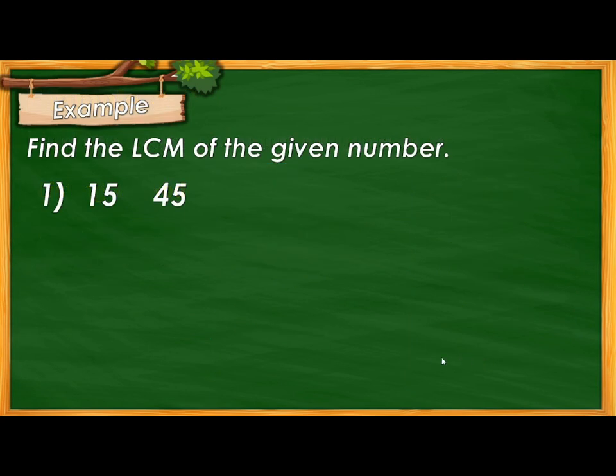So let's have an example to further analyze what we mean by LCM and GCF. Find the LCM of the given numbers 15 and 45. Using continuous division, we have 15 and 45. The common prime factor between 15 and 45 is 5.